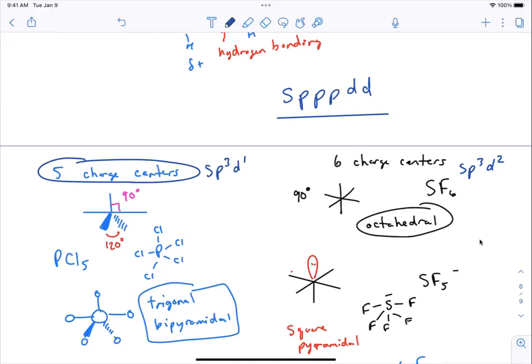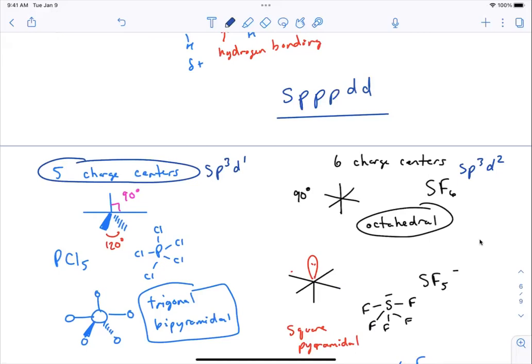But stop saying bonds though, because lone pairs count in that too. I just don't want you memorizing that because then when you have a lone pair, you'll forget to count it. Yes, sigma bonds and lone pairs, not pi bonds. So only sigma bonds and lone pairs. So the first bond between each atom and lone pairs, that's it.